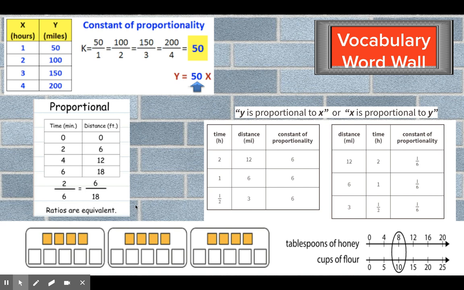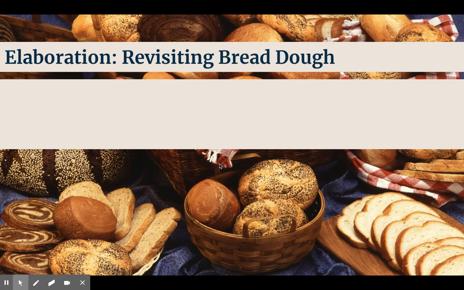So let's look at our last elaboration activity, which is going to be on page 4 of your student companion, and this one is entitled Revisiting the Bread Dough Activity, which we did earlier this week.